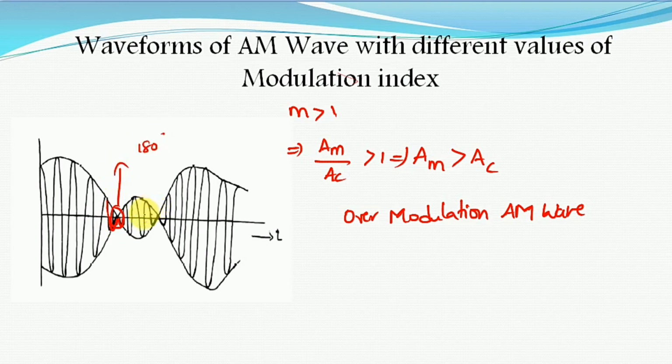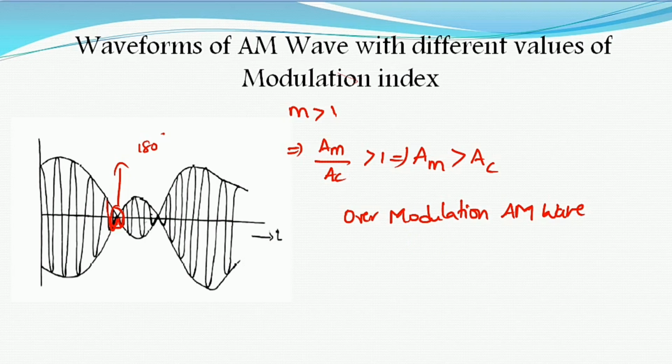Because of this phase reversal, these phase reversal points indicate that information will be lost at those points. So in the over modulation AM wave, at the receiver end 100% of the information will not be recovered. This over modulation AM wave is not practically used. Why? Because it leads to high strength of noise, and also the original signal will not be 100% recovered at the receiver end.